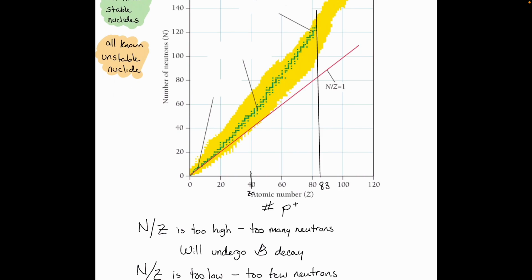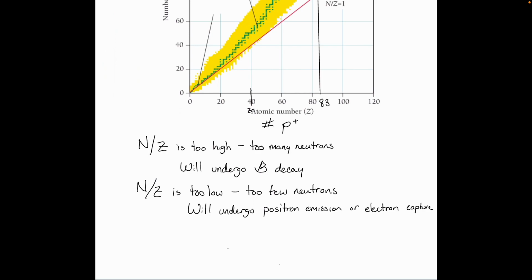Elements that are larger than atomic number 83 are just inherently unstable. They will undergo nuclear reactions. All right? So if our atomic number is greater than 83, these are just too big. And these will undergo a combination of alpha decay and beta decay.